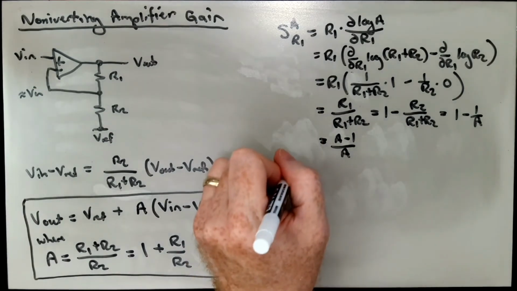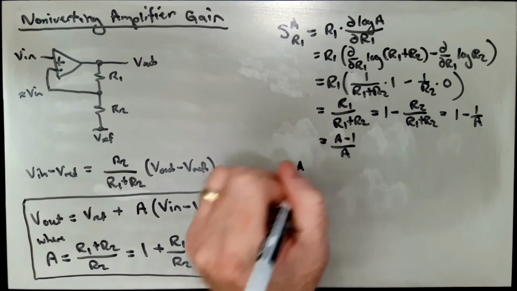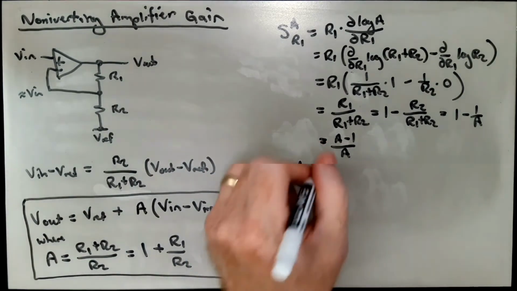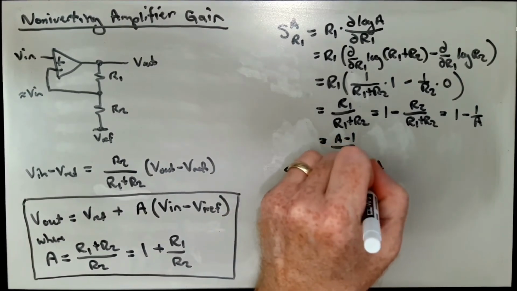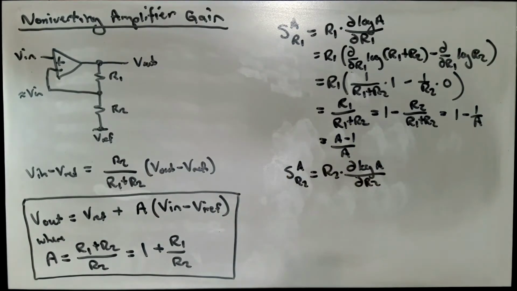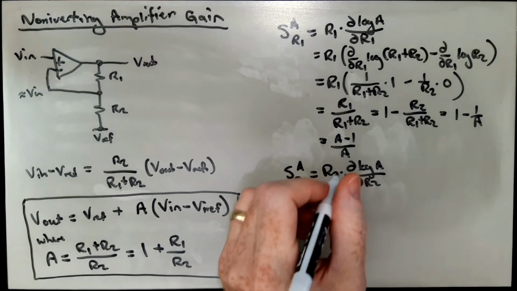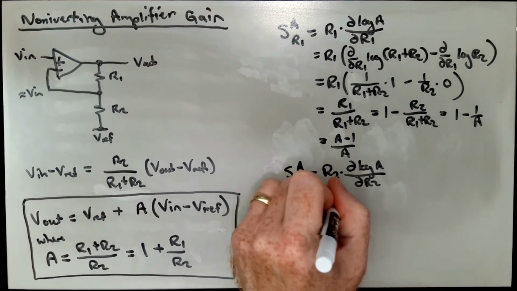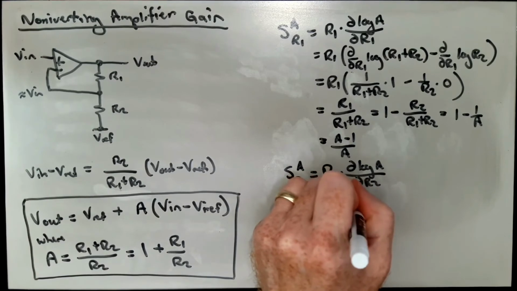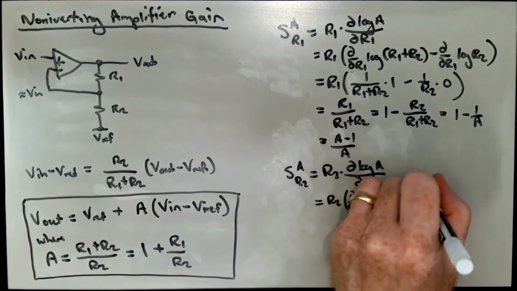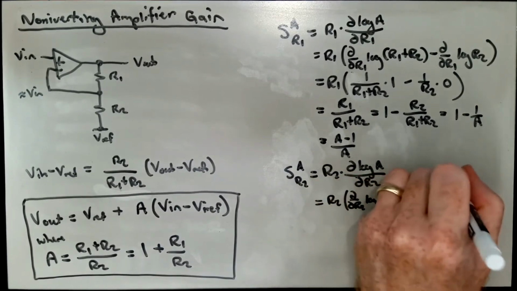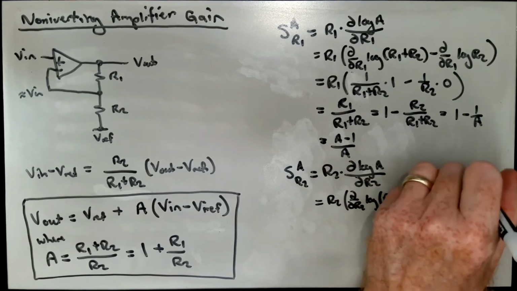Now we can compute the sensitivity of A with respect to R2 by R2 times d log A dR2. And again, using the same trick of expressing the log of the ratio as the difference of logs, we can write this as R2 times d by dR2 of log R1 plus R2, minus d by dR2 of log R2.